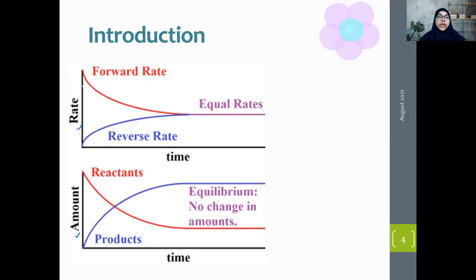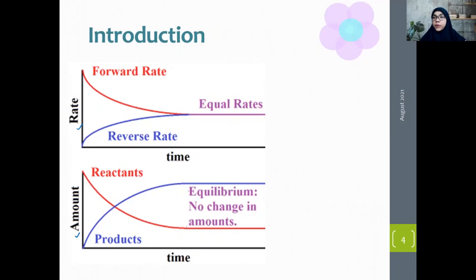For example, if we consider the rate, the forward rate and reverse rate are equal once it reaches equilibrium. And relating to the reaction, in the first place the reactant will be higher, and then it starts to reduce until it reaches equilibrium.